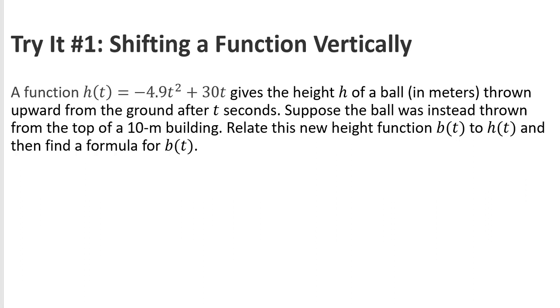Suppose the ball was instead thrown from the top of a 10-meter building. Relate this new height function, b of t, to h of t, and then find the formula for b of t. So I want you to pause here and try to solve this problem.